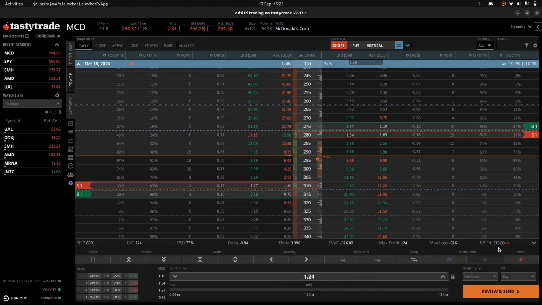So the broker's only going to require $378 from us, and we collect 124 up front. That's a much higher return on capital trade than what we were looking at before, which was $300 to 9 grand of buying power. So that's one benefit of doing it this way. However, the trade-off is we have a slightly lower probability of profit.